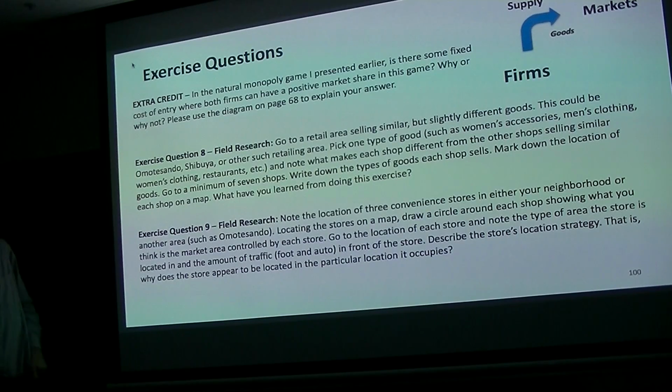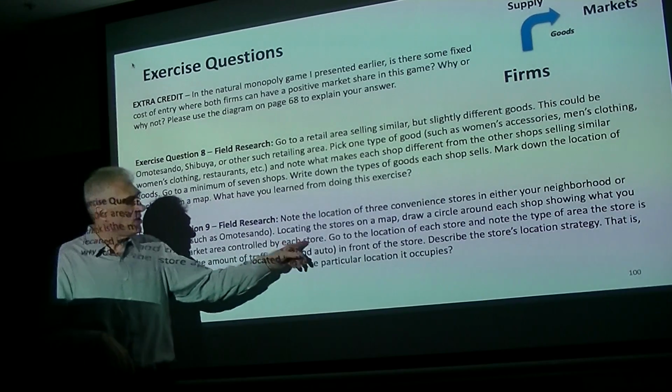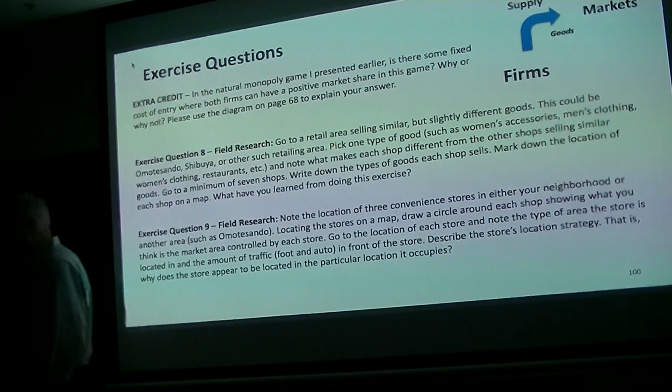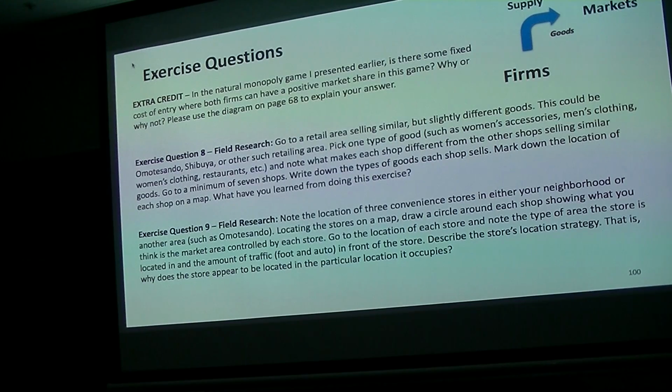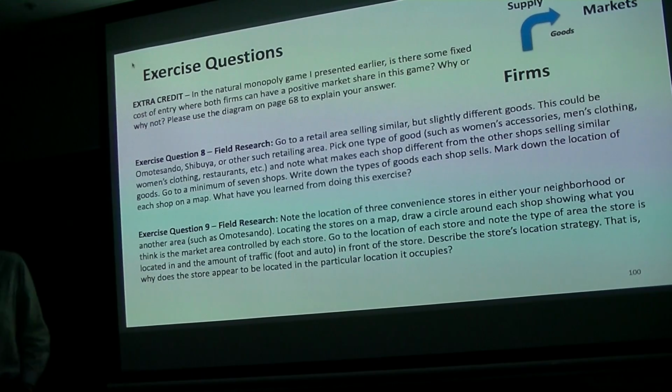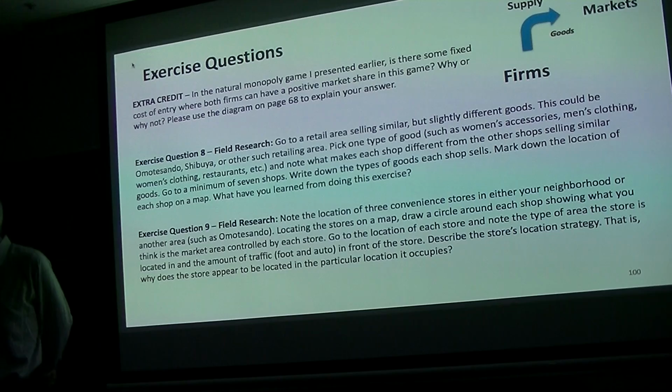I also am asking you to look at convenience stores, because the convenience store has an entirely different dynamic. The demand for a convenience store is based on convenience, which is why they call it a convenience store. It has to have access to the customer.